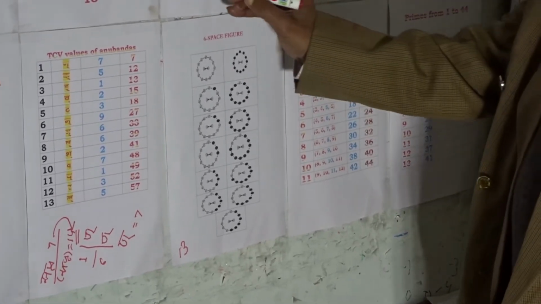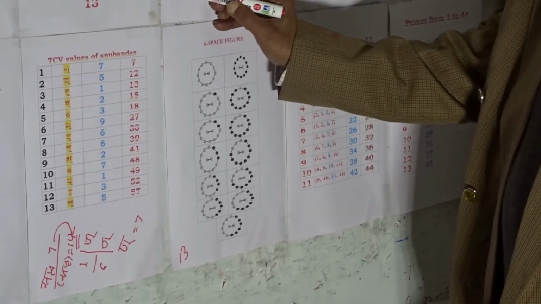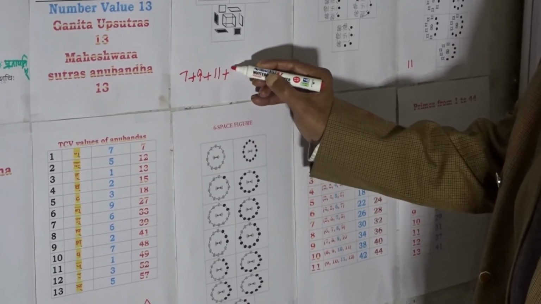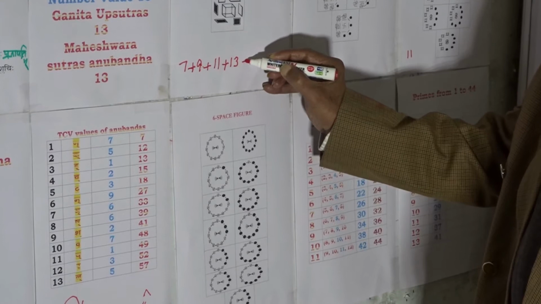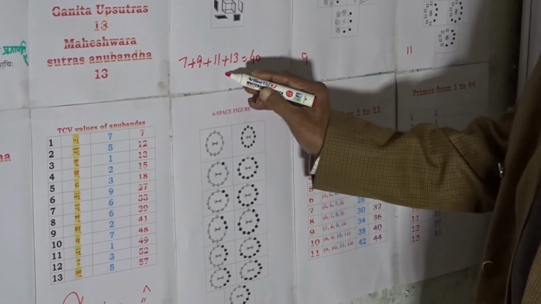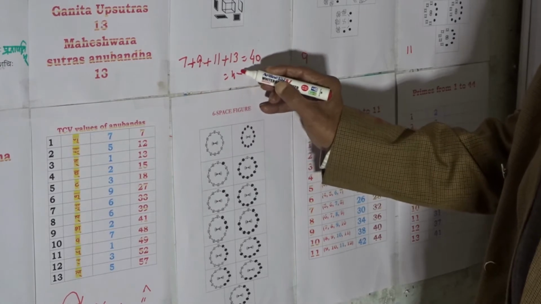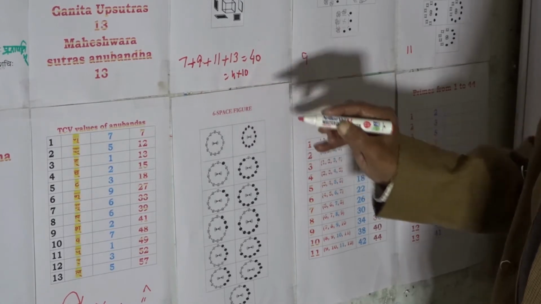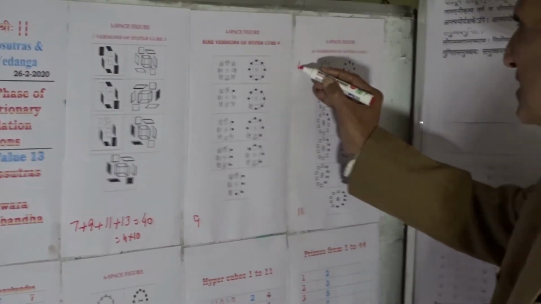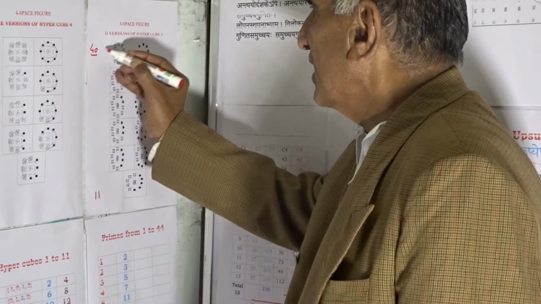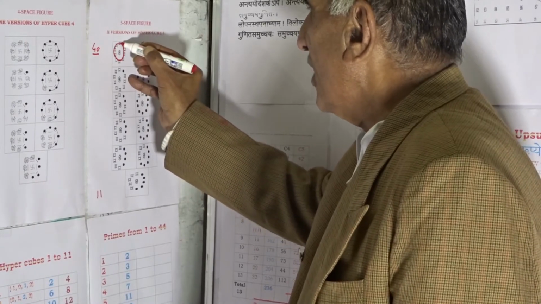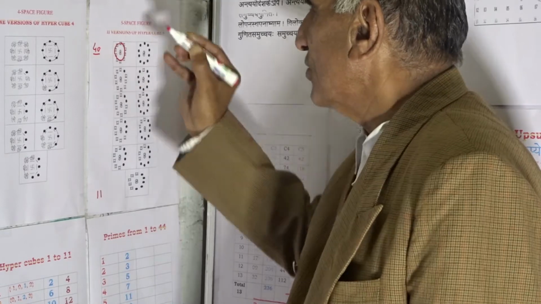See, 7 plus 9 plus 11 plus 13 makes it 40. And see, this value 40 is equal to 4 into 10, and it is parallel to the 40 coordinates fixation of the creative boundary of 10 components of 5 space domain.